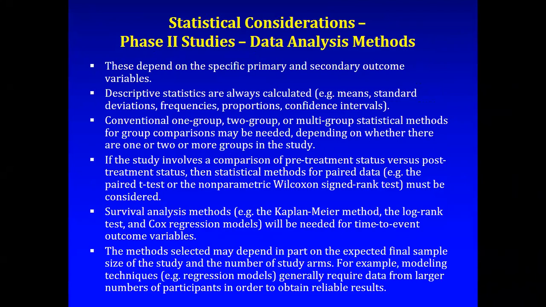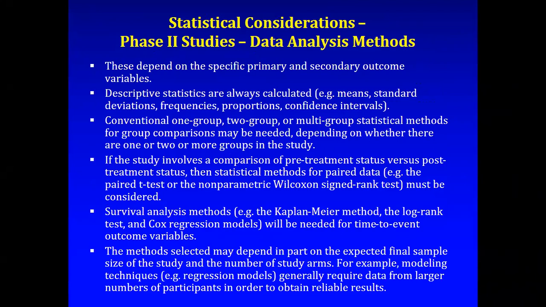And where we can analyze pre-treatment versus post-treatment, we can use statistical methods designed for paired data, such as a paired t-test or Wilcoxon signed rank test. If our outcome is a survival outcome, we can apply survival analysis methods such as the Kaplan-Meier method and the log rank test as well. So there's much more we can do statistically in terms of analysis for data from phase 2 studies.